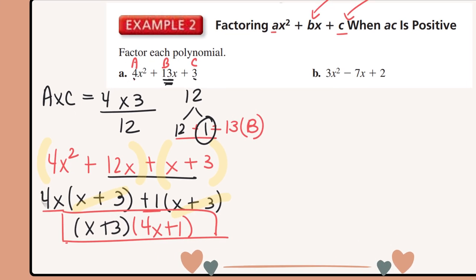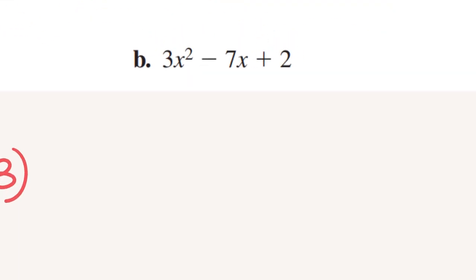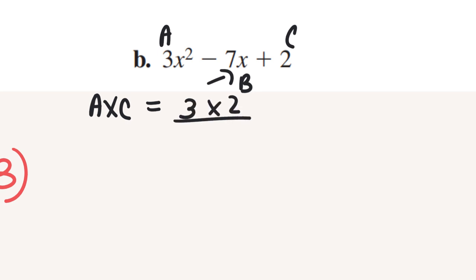In B, there's no GCF, so you're going to go straight to multiplying A and C to figure out B. Okay, A times C gives me 3 times 2, which is positive 6.